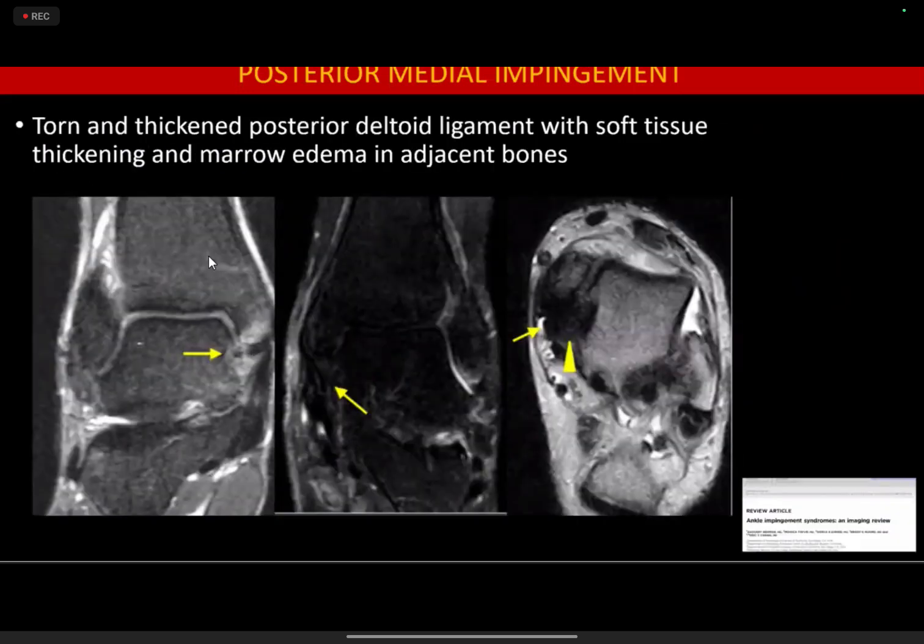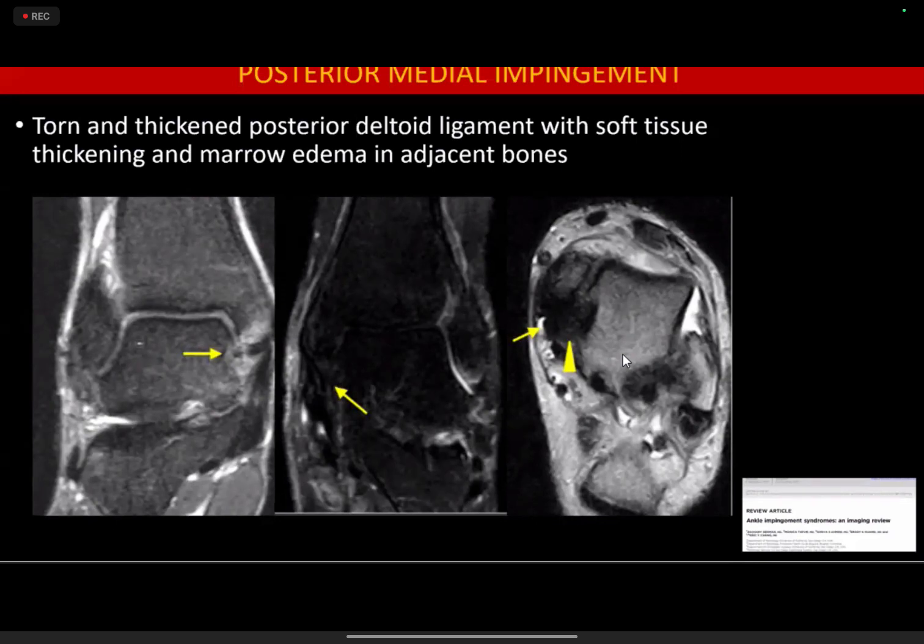So on an MRI, what we can see sometimes is a torn or thickened posterior deltoid ligament. We can see corresponding thickening and marrow edema along the posterior tibial part. And we need to differentiate posterior medial impingement from posterior tibial tendon pathologies. So we have few clinical signs and we have MRI to help us in differentiating amongst the two.